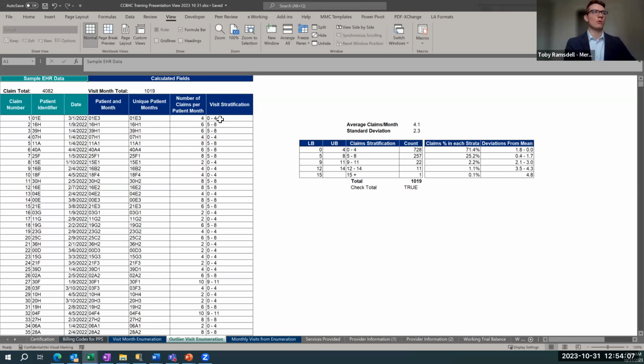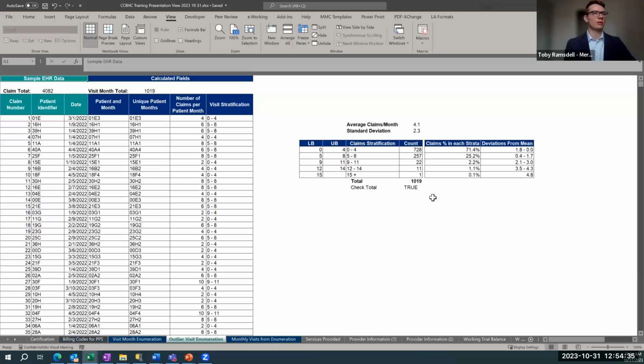And then from that point, I place the visits into a visit stratification, and that's based on standard deviation, as I mentioned before. So the way that I approach outlier visits in this example is by using standard deviation to look at which unique patient months had over 12 visits in a month.